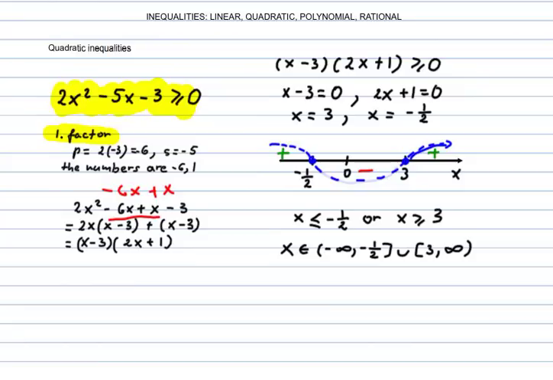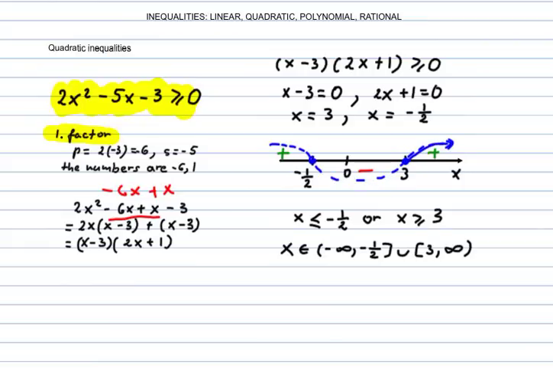Any number less than or equal to -1/2 would produce a positive value for y. Any number in between -1/2 and 3 will produce a negative value for that product. And any number that is 3 or greater than 3 would also give you a positive result.